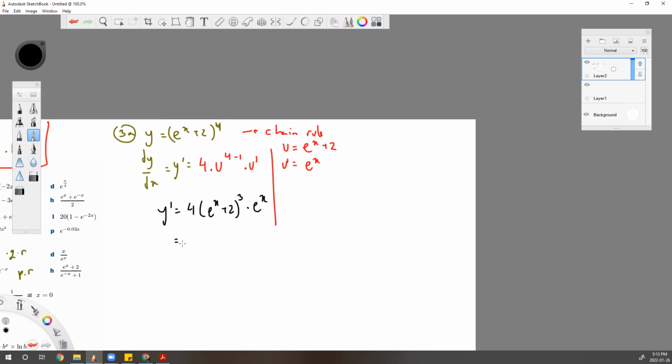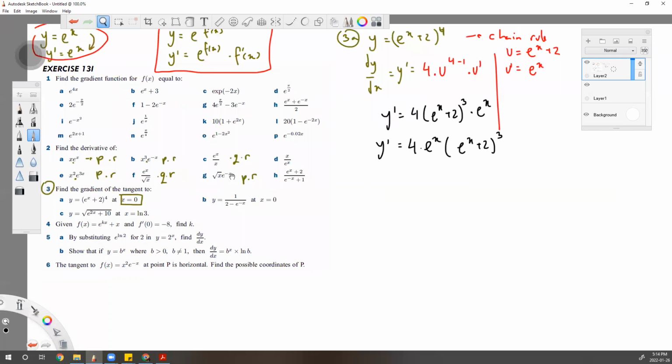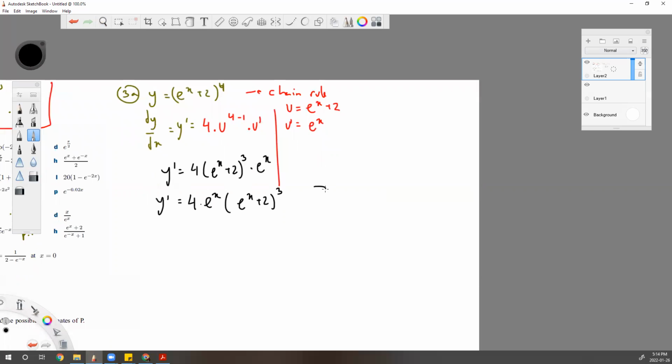This is the equation of the gradient, or I can just simplify by putting e power x on the left side: e power x times (e power x plus 2) to the power of 3 for y accent. And you can substitute x as 0 in the equation. So when you substitute x equals 0, y accent equals 4 times e power 0, anything to the power of 0 is 1, right?